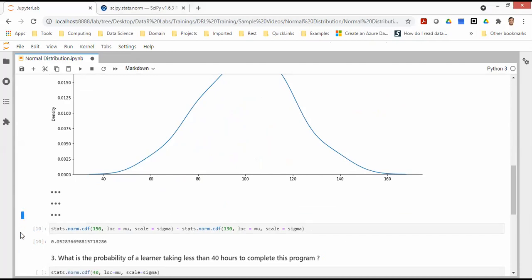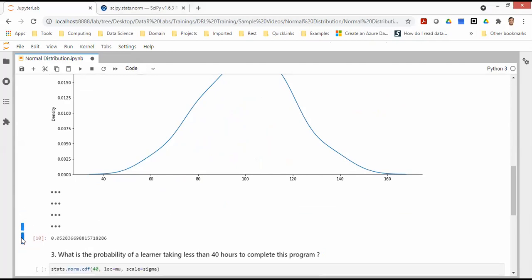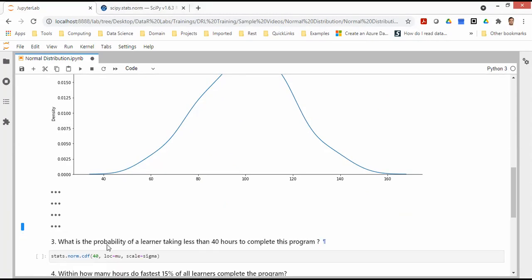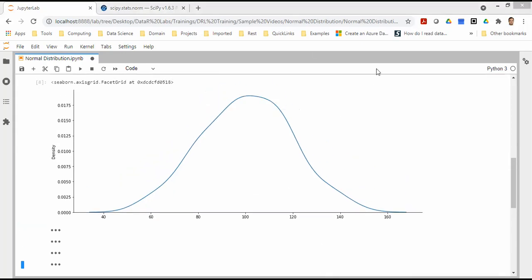Now moving on, the next question in the series says, what is the probability of a learner taking less than 40 hours? So the question asks us to calculate the area under the curve below 40 hours. And imagine how small this area would be, extremely small.